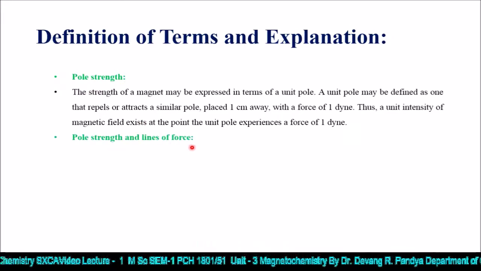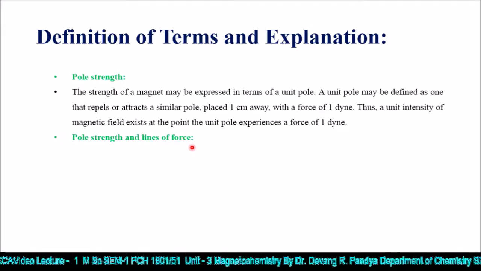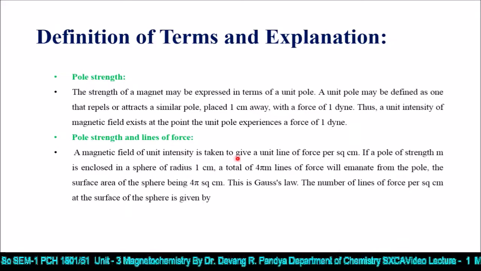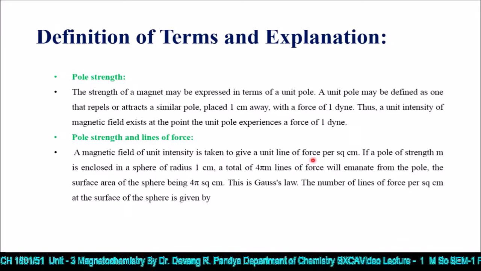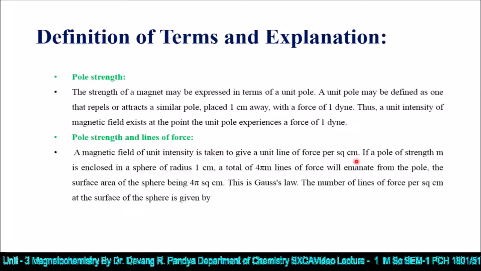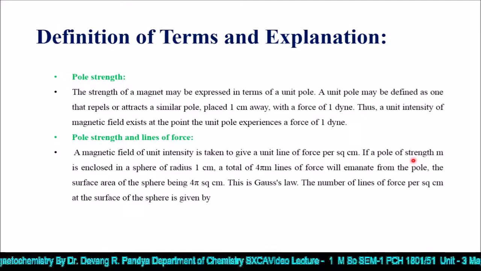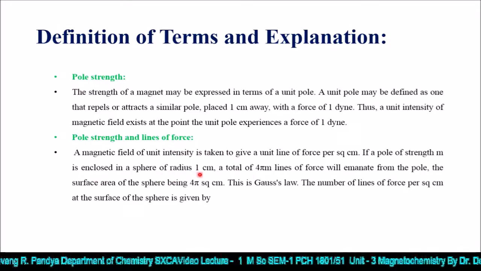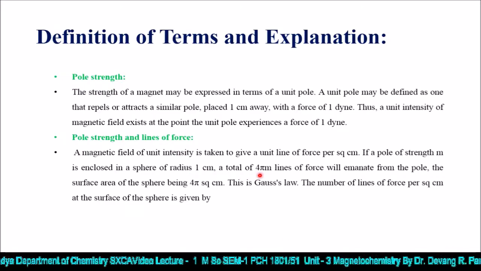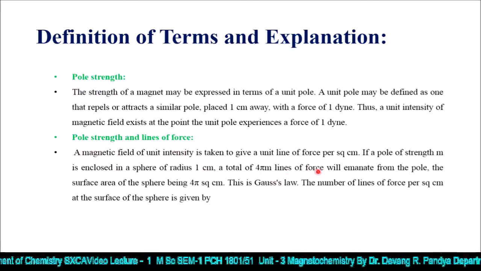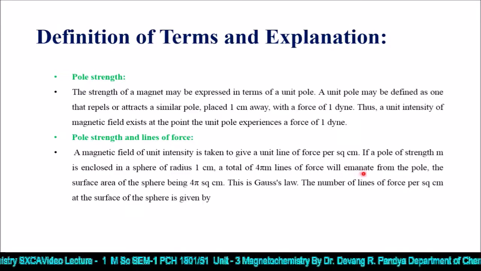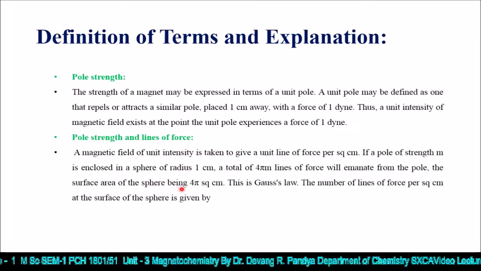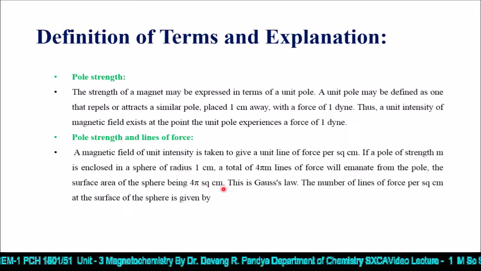Now, pole strength and lines of force. A magnetic field of unit intensity is taken to give a unit line of force per square centimeter. If a pole of strength m is enclosed in a sphere of radius 1 centimeter, a total of 4πm lines of force will emanate from the pole, the surface area of the sphere being 4π square centimeters.